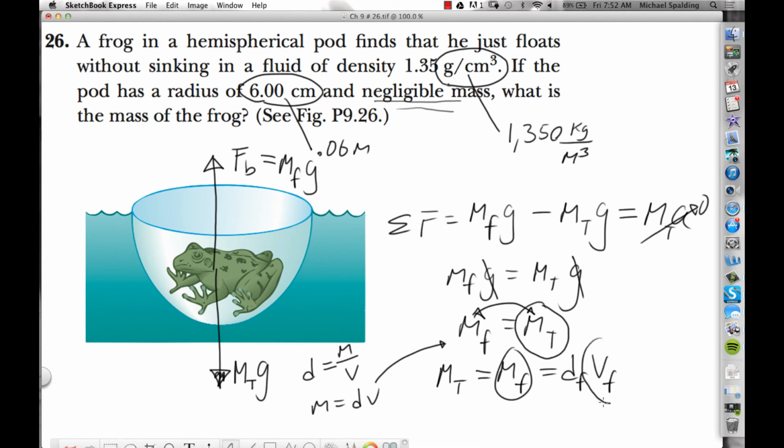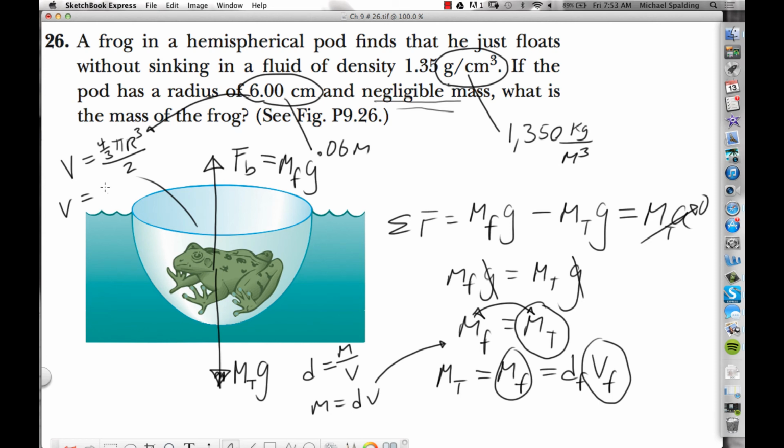So what's the volume of the fluid? Well, what's the volume of a sphere? The volume of a sphere is 4/3 pi r cubed, right? But is this a whole sphere? It's half of a sphere, so we've got to divide that by 2. All right, so take this radius right here and plug it in.